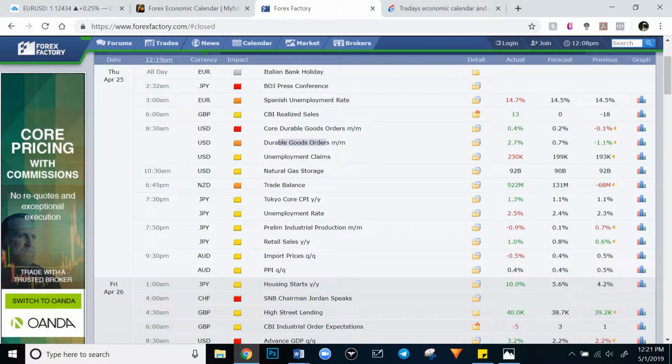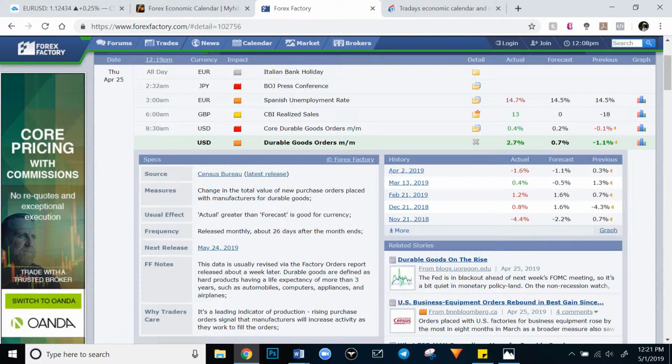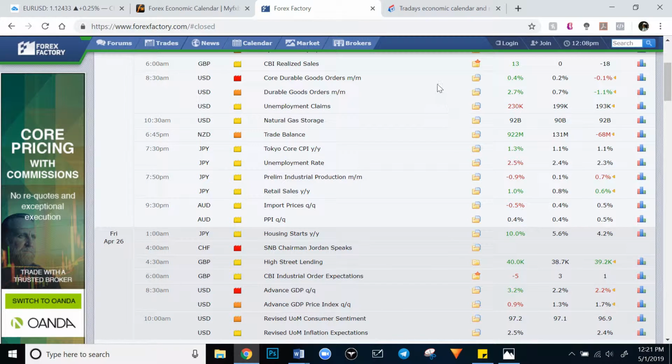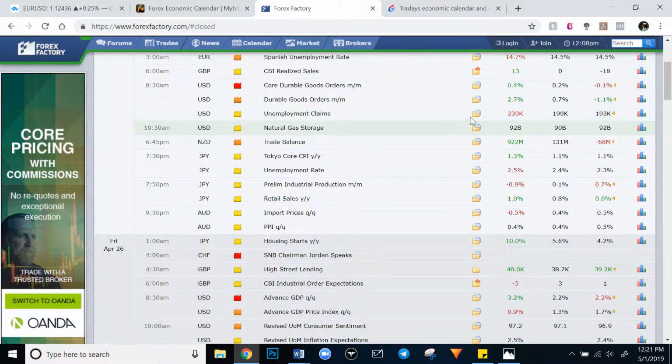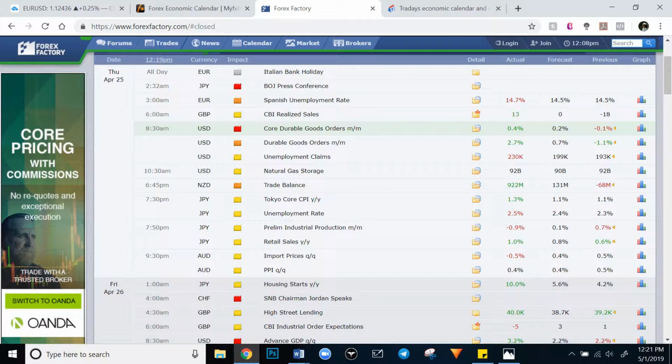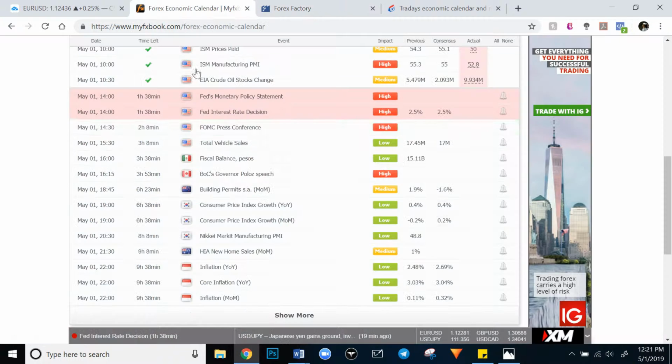Durable goods orders, meaning the purchases, it is positive, way better than expected. The change in the total value of new purchase orders placed. So that's consumption. That is good. Unemployment claims is bad. So I have 2 positive high impact news and 1 negative yellow impact news.